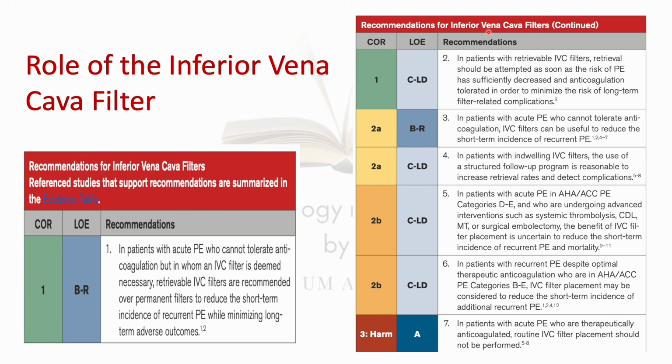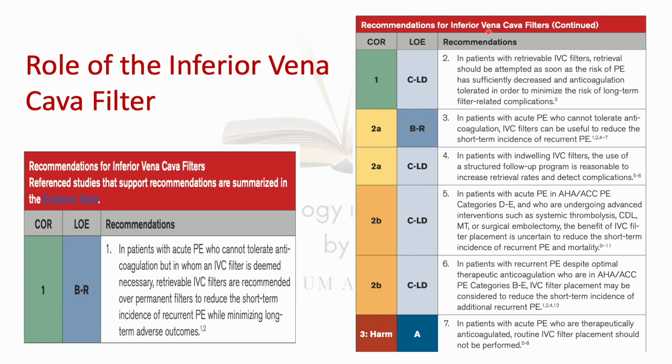What do they do? They mechanically intercept venous thrombi and prevent them from going to the pulmonary circulation. By percutaneous techniques, they are easy to apply, and they have two forms, the permanent and retrievable forms. Now, the indication of IVC filter placement is that scenario where anticoagulant therapy is absolutely contraindicated and there is an instance of recurrent PE despite the optimal anticoagulation that you're giving.